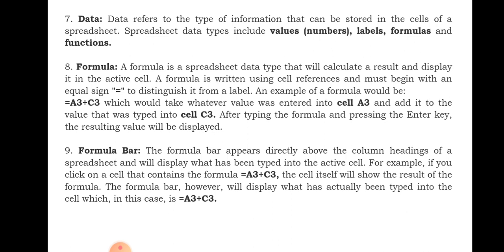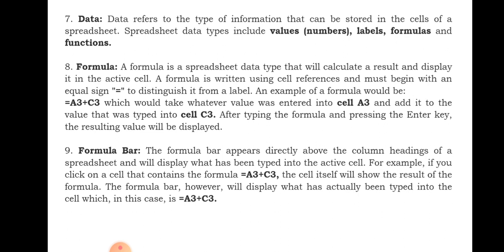So at any point in time you are using a formula in a spreadsheet, you must first of all start in a particular cell with an equal sign. So in this case you have equal sign A3 plus C3, which means that you are trying to perform an operation that will add the data in cell A3 to that of cell C3.